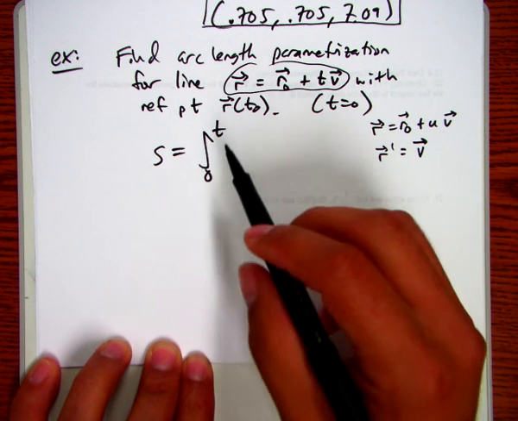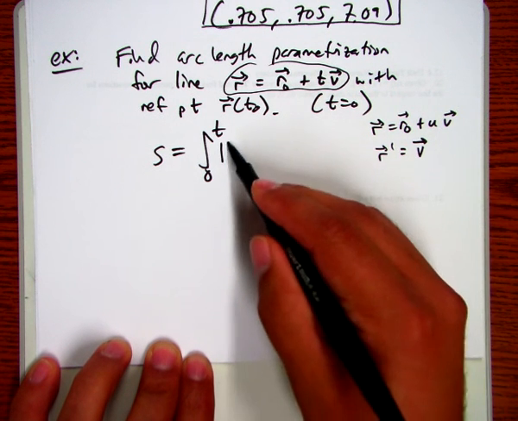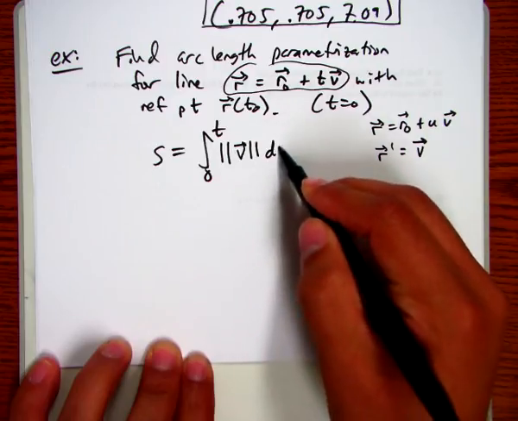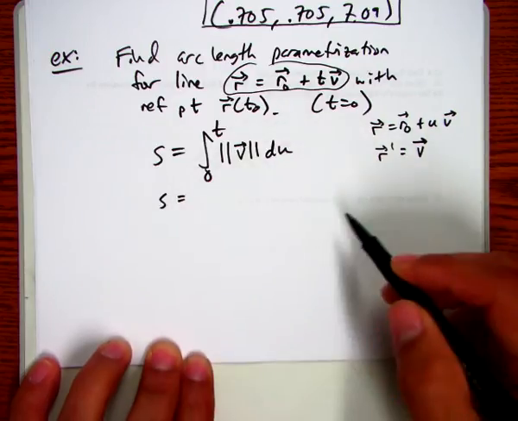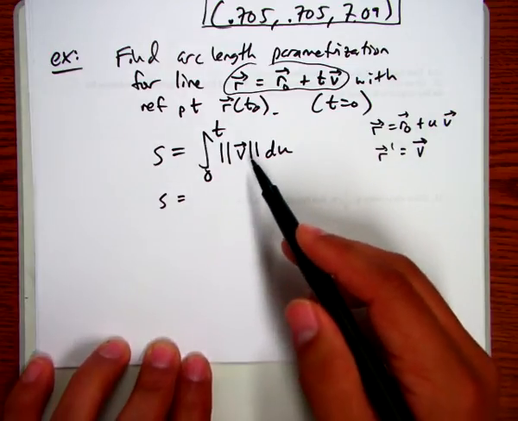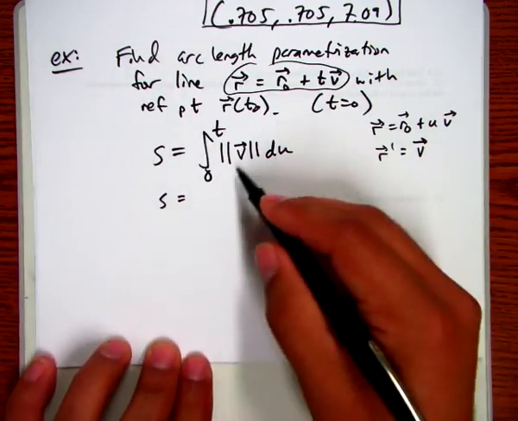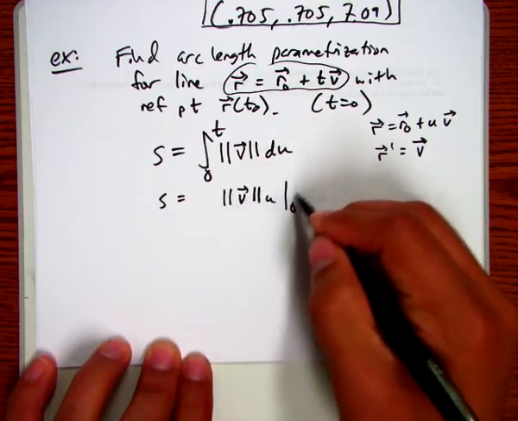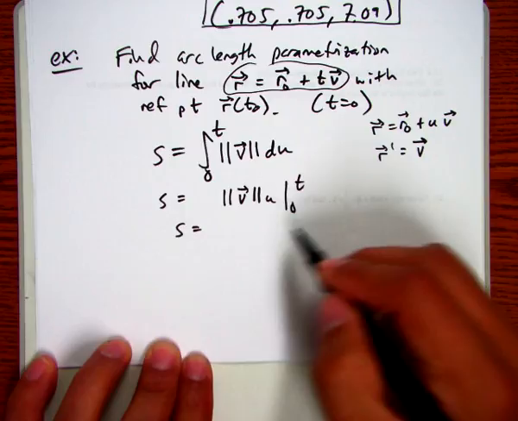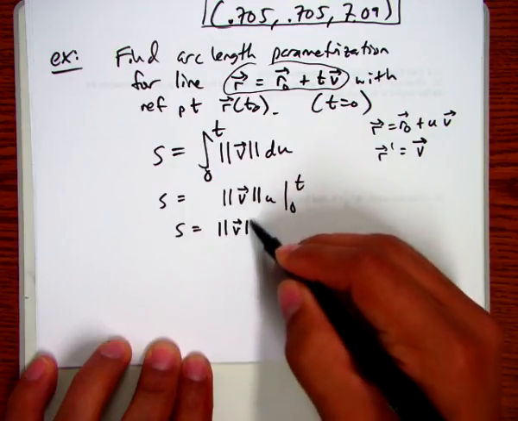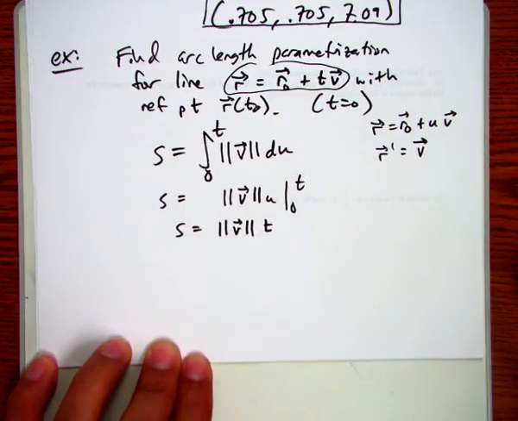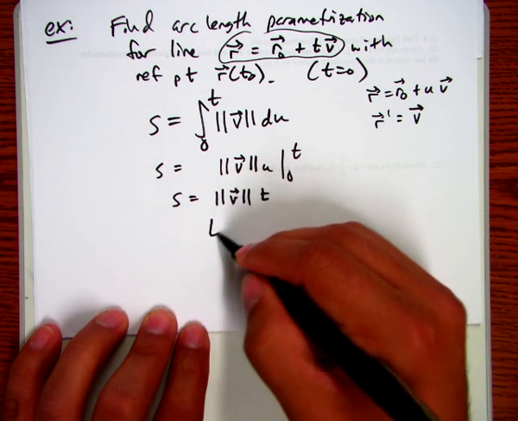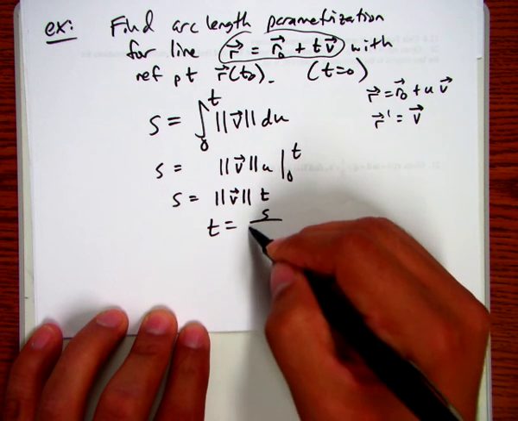So in here, we have magnitude of v du. Since we're doing a general problem here, we'll just keep going. This will be root v times u, evaluated from 0 to t. In other words, magnitude v times t is s. So t is just going to be s over the magnitude of v.